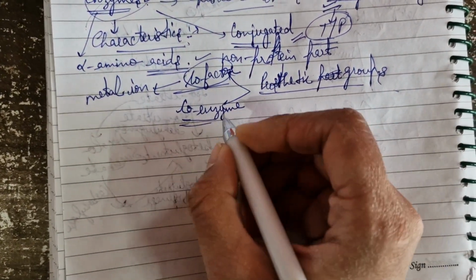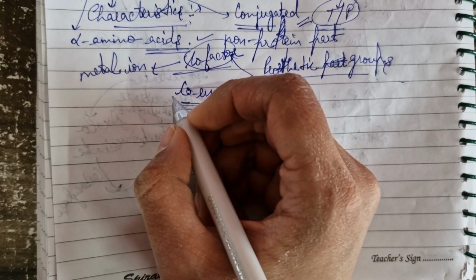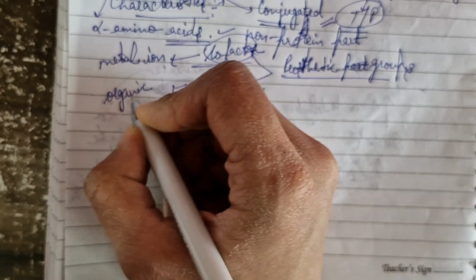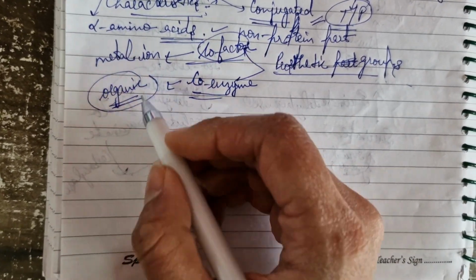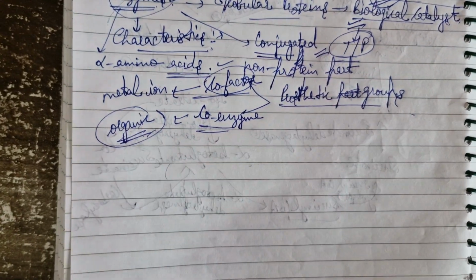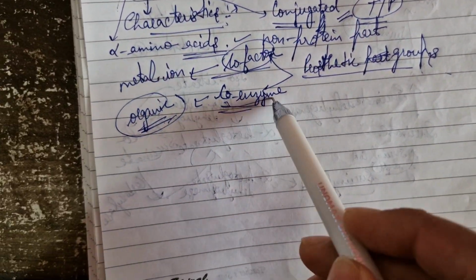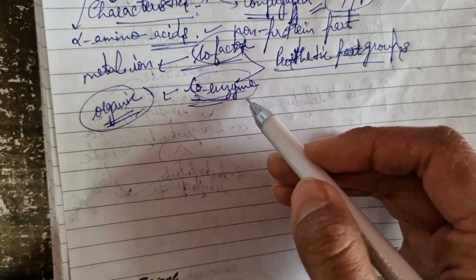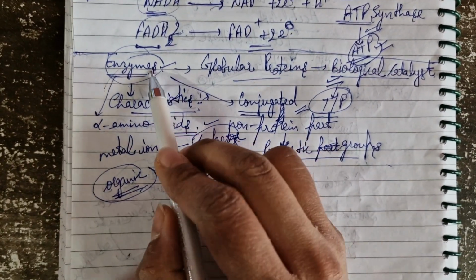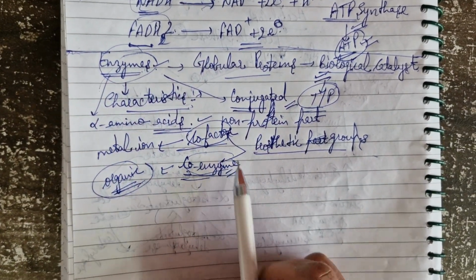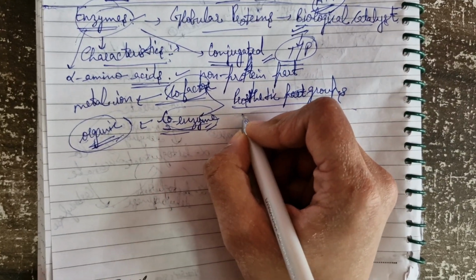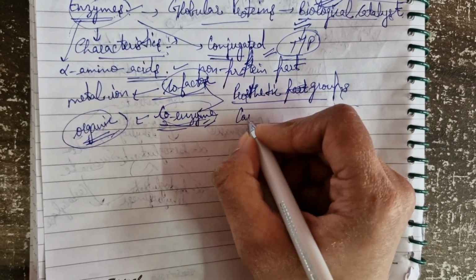And the coenzyme is the non-protein part, that is an organic molecule attached to the protein part that is associated with the enzyme. Coenzymes play the important role to activate the inactive enzymes, that is the protein part. The fastest enzyme is carbonic anhydrase.